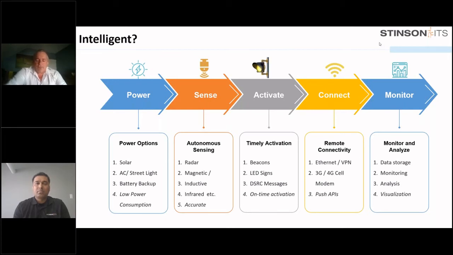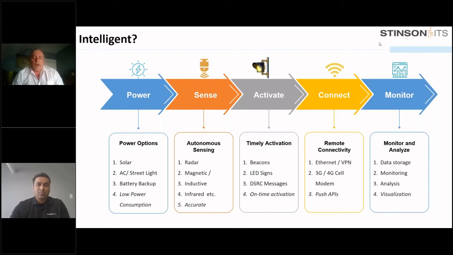The physical location of these warning devices is in most cases critical and needs to be positioned to allow for sufficient time for drivers to properly react to the warning message. Now, the 2 most important subsystems of any IWS system are the sensing and the activation.